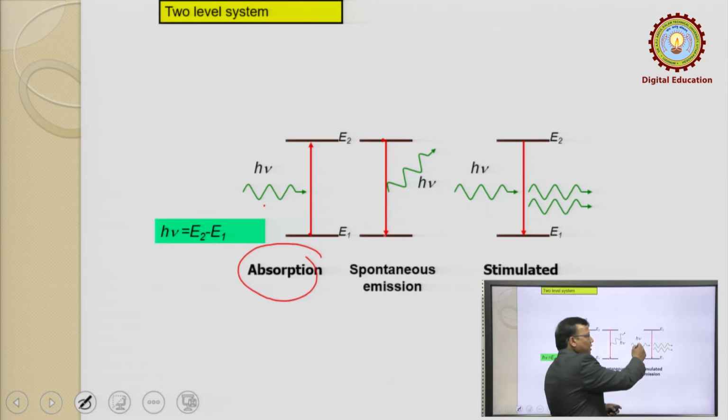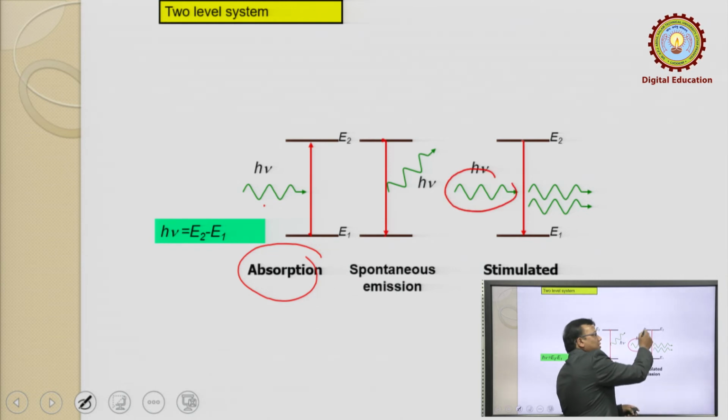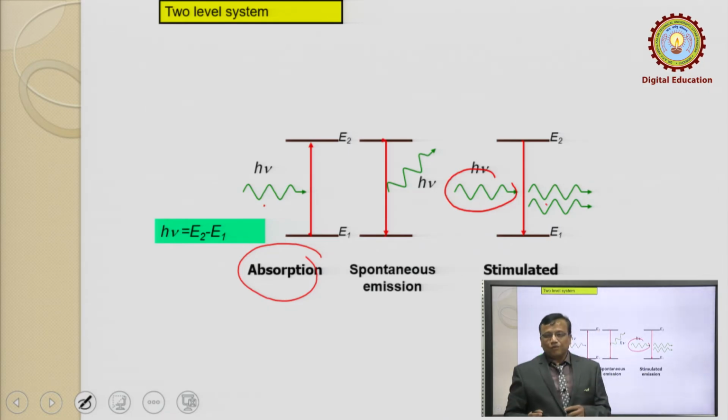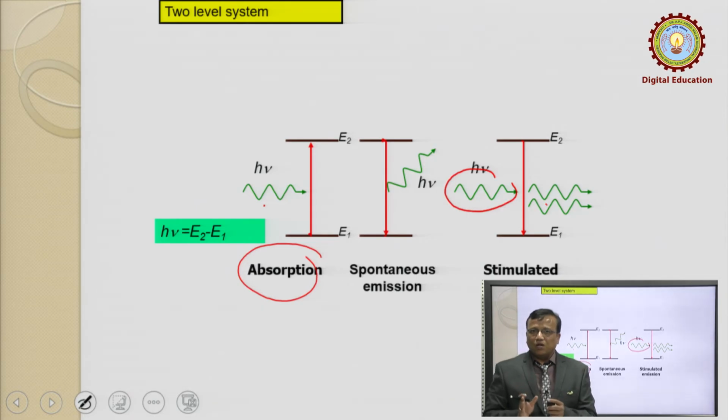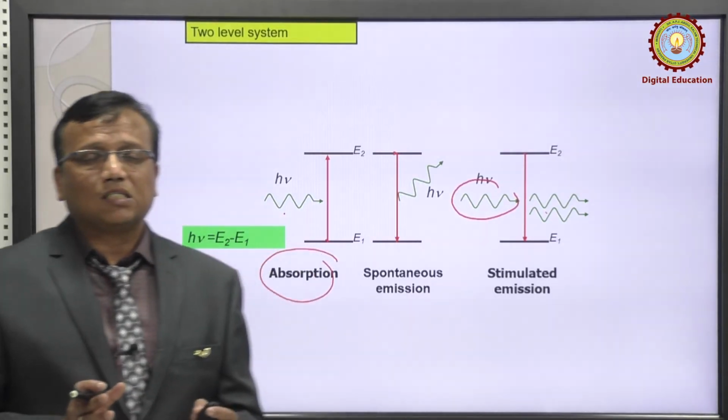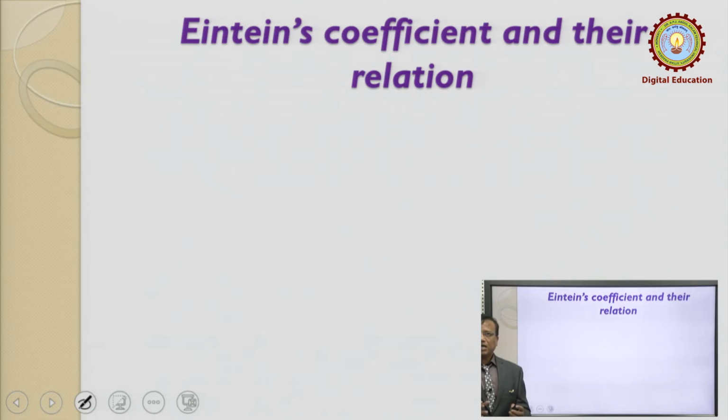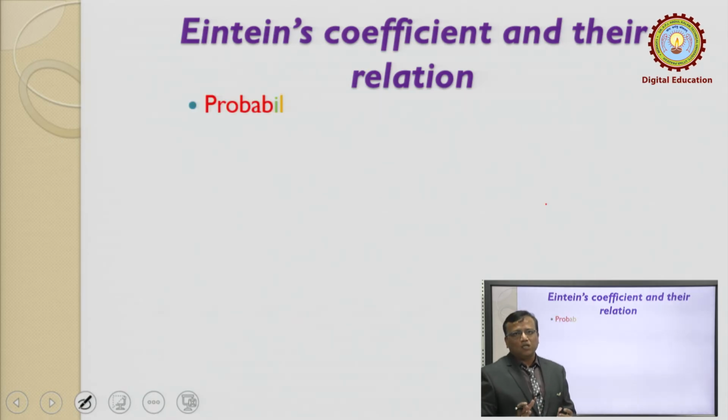And the third one is stimulated emission, in which when energy is given to the atom in the excited state, it comes back to the ground state by emitting two photons which travel in the same direction and maintain a constant phase difference. So they form a coherent source. We have discussed these three processes widely. Now we will discuss what the Einstein coefficients are and the relations between them.